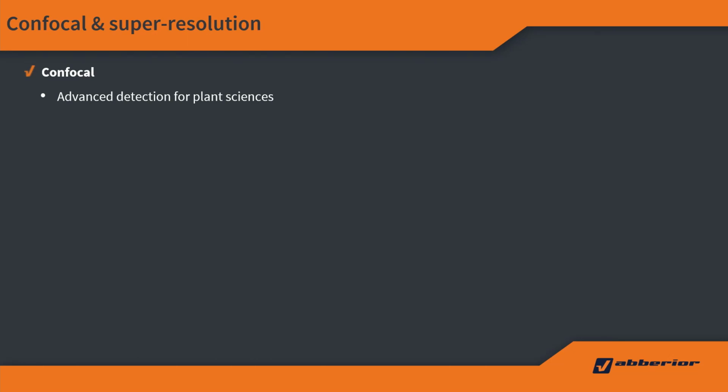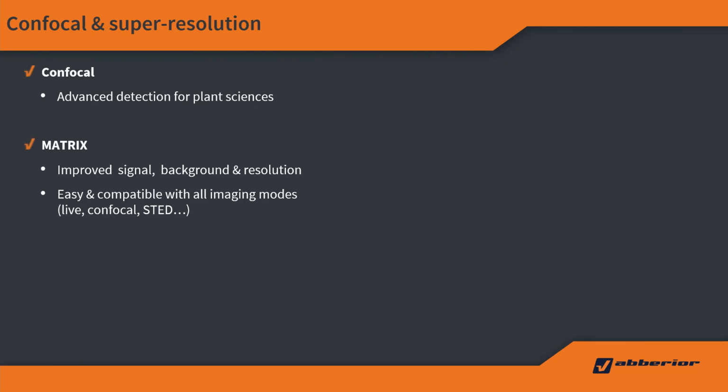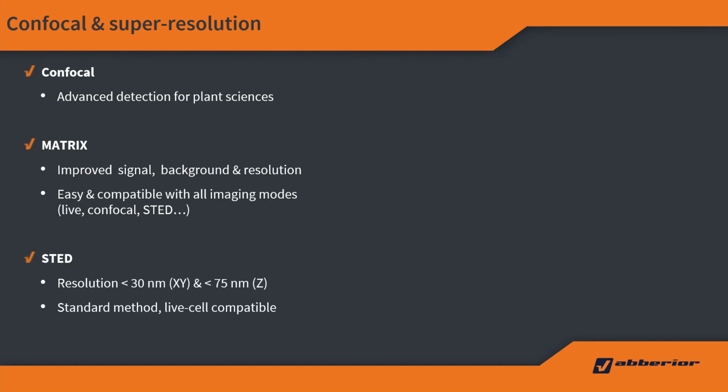In confocal microscopy, we can offer a few advanced detection schemes which can improve imaging for plant scientists. We also offer matrix detection on our facility line microscope that improves the signal, reduces the background, and can improve resolution. It's very easy to use, and it's also combined with live confocal or STED microscopy.